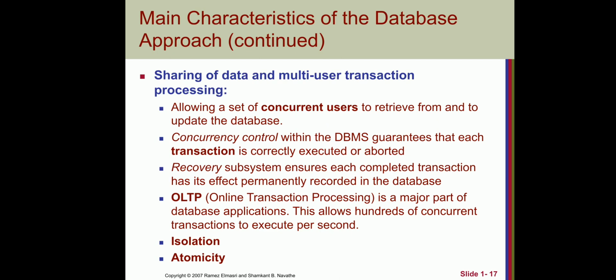Then we have atomicity. The atomicity property ensures that either all the database operations in a transaction are executed or none are. Consider an example of an ATM. We visit an ATM for withdrawing an amount. Consider a scenario wherein you wanted to withdraw some amount, so you have inserted the ATM card, then you have entered your PIN, the amount, everything.